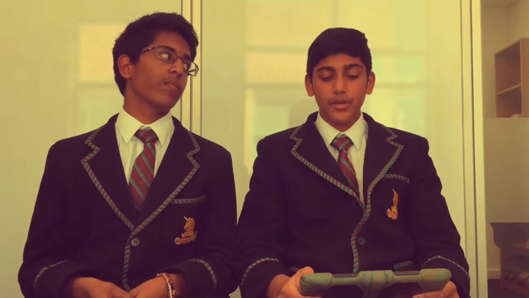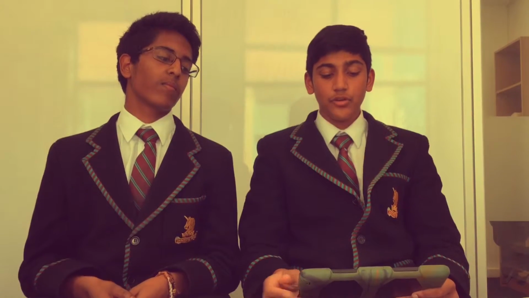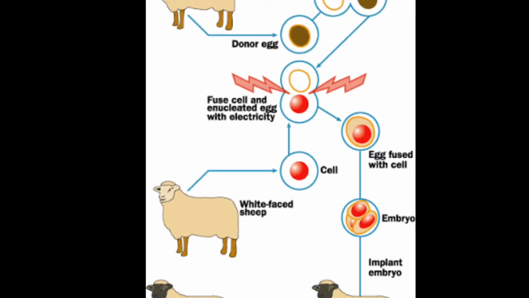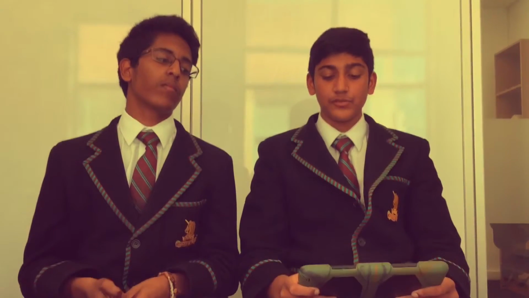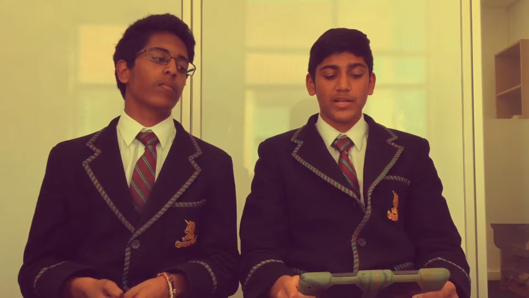Although the egg cell came from a black-faced sheep, notice on our diagram that the nucleus with the genetic material came from a white-faced sheep. Of the 277 fused cells, only one progressed to form a developed lamb. This lamb was named Dolly.